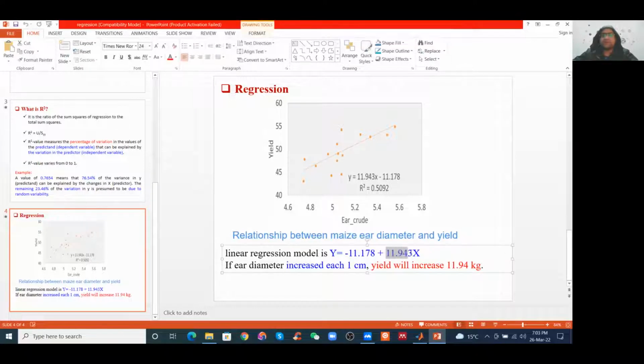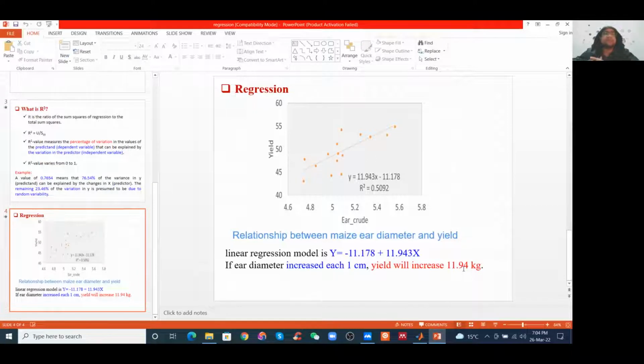So what does the slope mean? This is a positive value, that means an increasing trend, isn't it? So we can explain it like this: if air diameter increases by 1 centimeter, then yield will increase by 11.94 kg. Did you get it? Similarly, if temperature increases by 1 degree centigrade, how much will rainfall change? 11.94 millimeters.